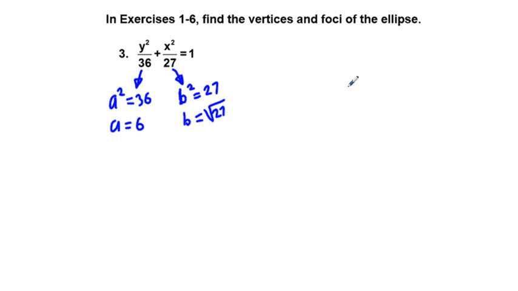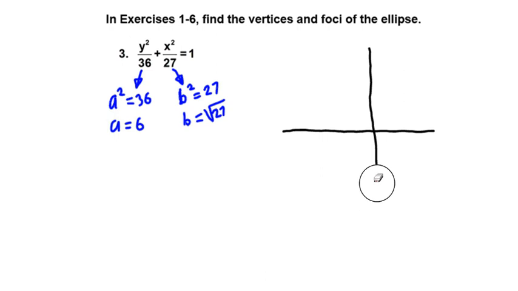So just getting out our sketch here. Okay, we draw our xy coordinates here. One straighter. It looks more like this. There we go, a little better. This time, related to y is our semi-major axis, so we're going to have to go up.